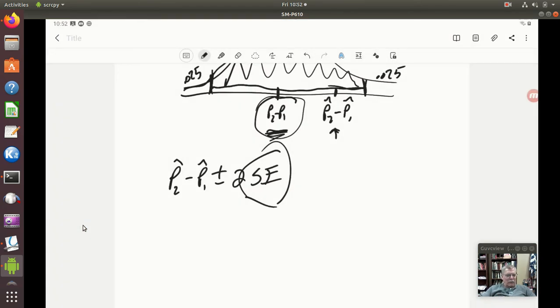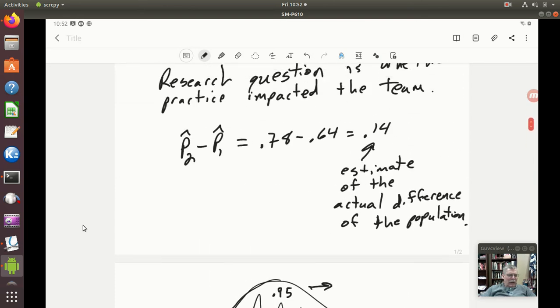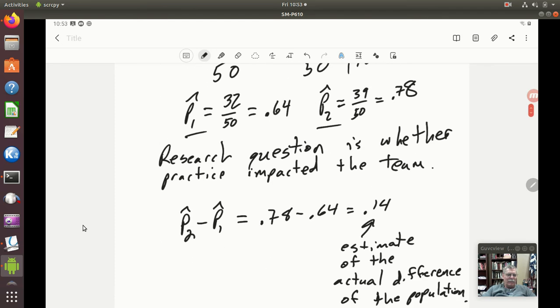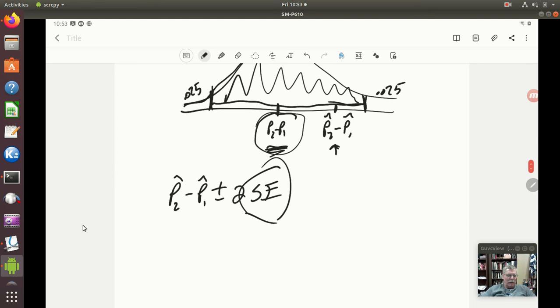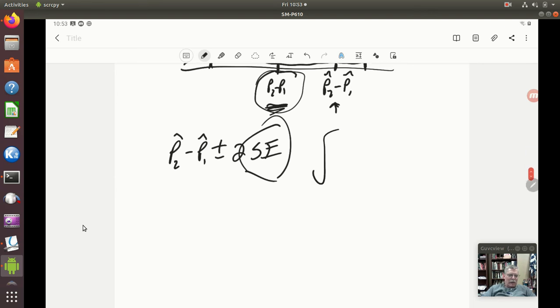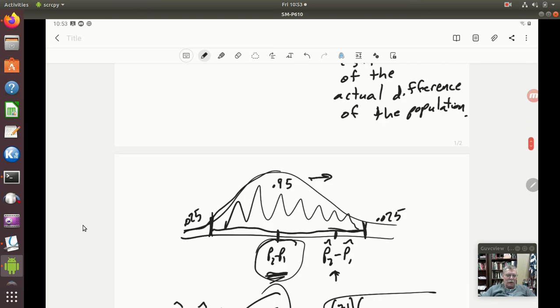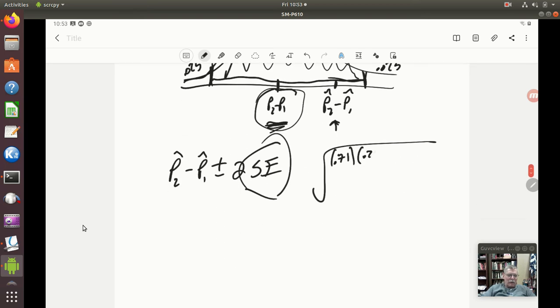So for here, that pooled estimate would say that we take the 71 over 100 and the 29 over 100 for our p and 1 minus p. Okay, so for a pooled estimate, we're going to use 0.71 times 0.29 over 50 for that one.